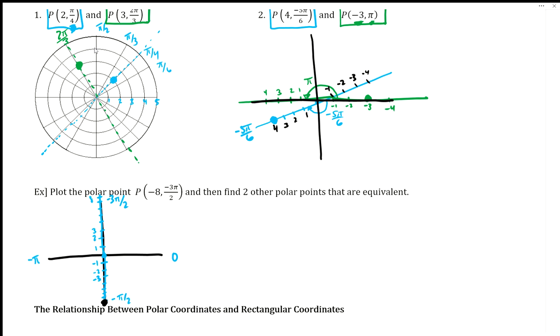But then it does say find two other polar points that are equivalent. Okay, so I'm going to do purple first. Well, I could have gone this way right away. So I could have looked at the negative pi halves. And if I'm headed toward negative pi halves, it would have been considering these points as positives. 1, 2, 3, 4, all the way to 8.